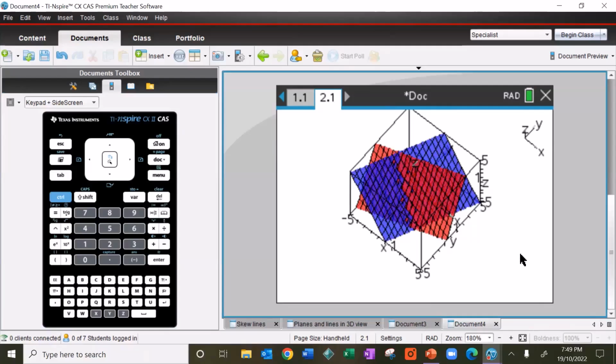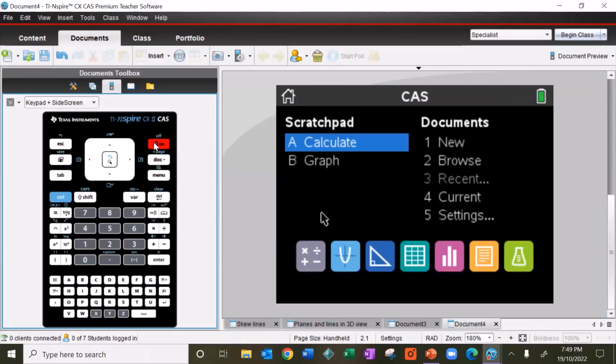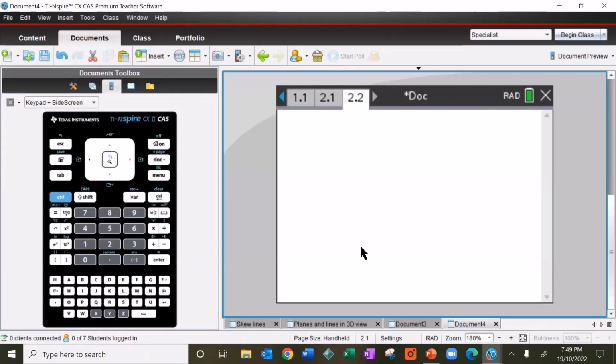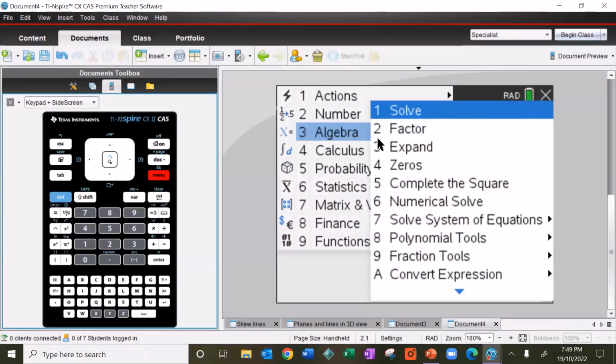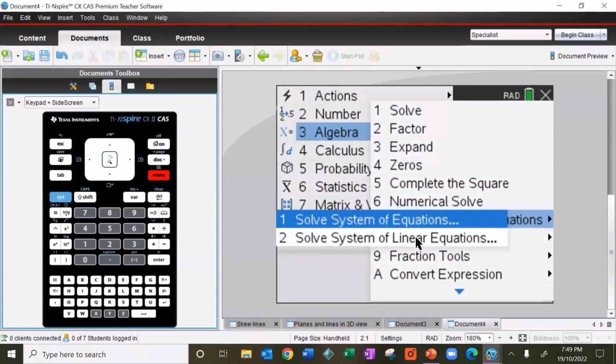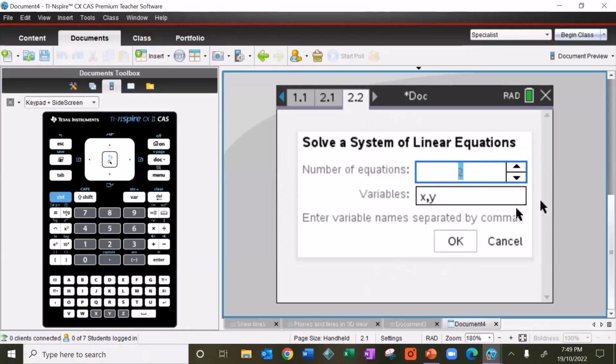We simply use linear solve on the calculator. So if I get the calculator screen, and I go menu, algebra, solve system of equations. I have 2 equations, but I have 3 variables. And of course, the calculator will do it for us.